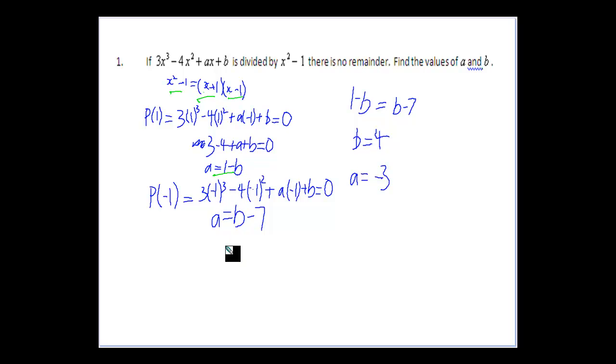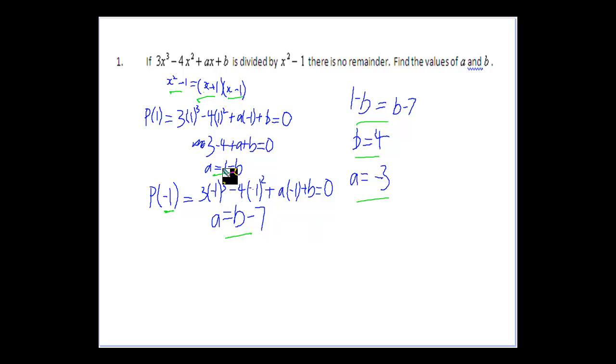Again, minus 1 is a root, so we can substitute it in, set it equal to 0 and get a is equal to b minus 7. So we're able to make those two equal, and taking the b across and subtracting the 1, we get b is equal to 4, so a would equal minus 3.